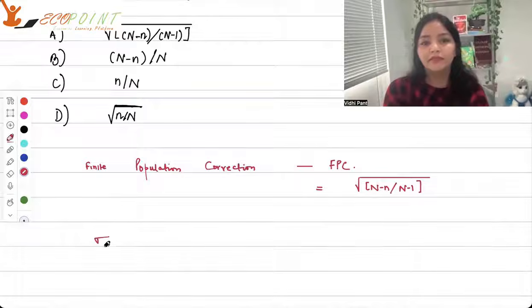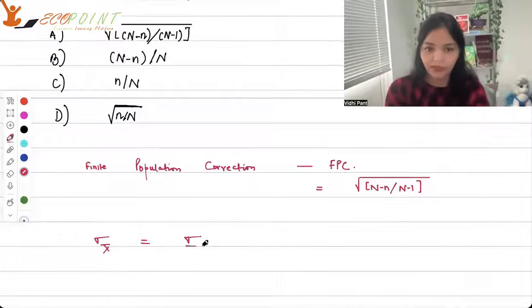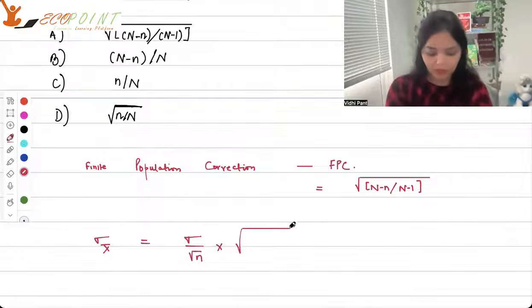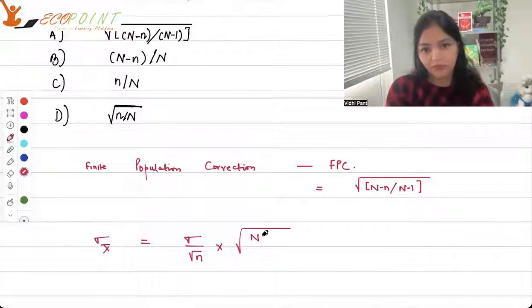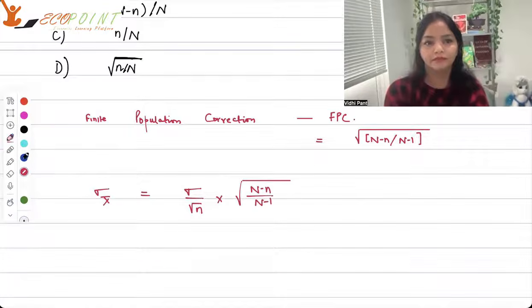So this time your sigma x bar is equal to sigma upon root n, but multiplied by this population correction, capital N minus n upon capital N minus 1.